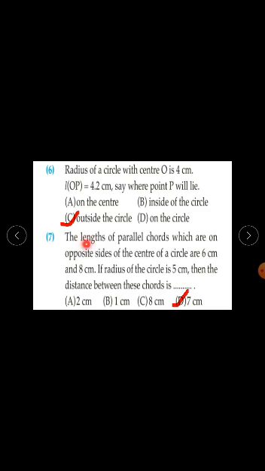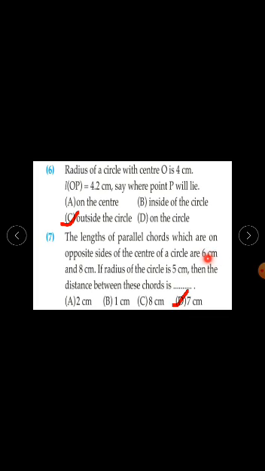Again, what is given? The length of parallel chords which are on opposite side of the center of a circle are 6 centimeter and 8 centimeter. Length of one chord is 6 centimeter and length of other chord is 8 centimeter. And radius of the circle is given 5 centimeter. So when length of the chord is 6 centimeter, half of 6 is 3 centimeter.